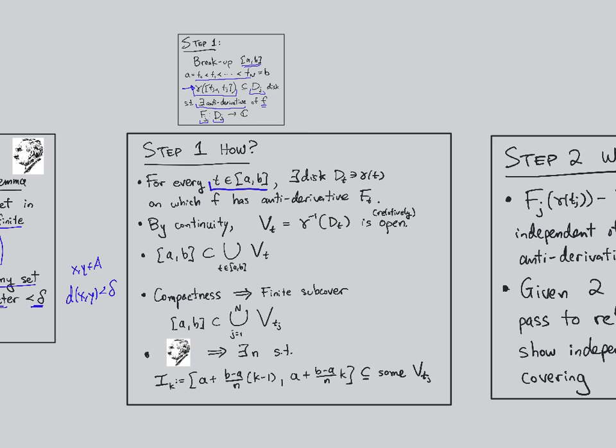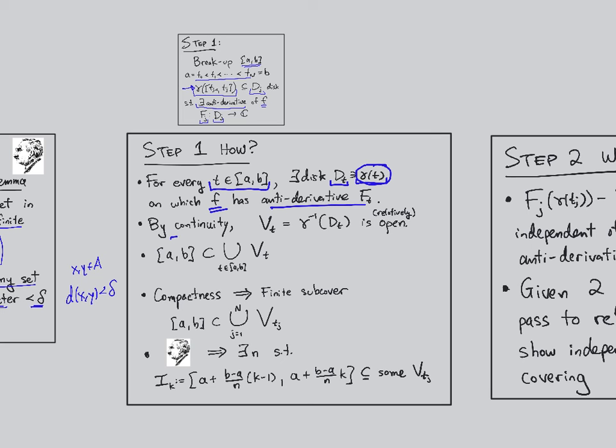For every t in this interval, we can certainly find a disk containing gamma of t on which f has an antiderivative, because on any disk centered at this point contained in our domain, f will have an antiderivative using power series.